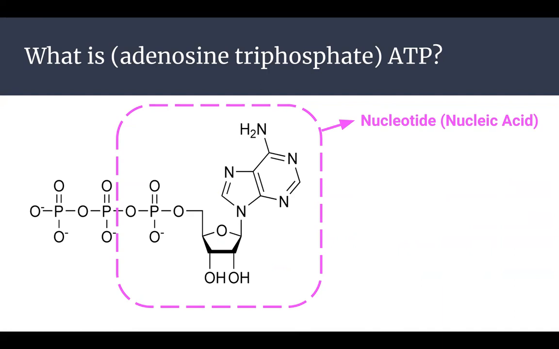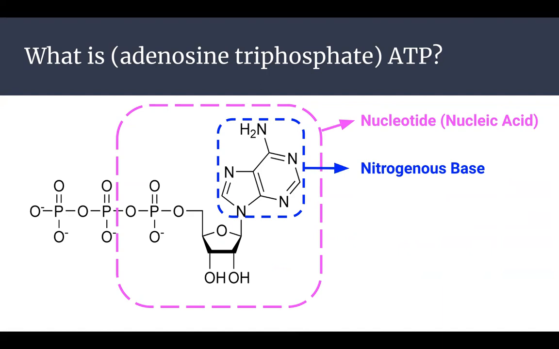Now, inside a nucleotide, there are 3 components. All nucleotides will have these 3. The first one is the nitrogenous base, so it has nitrogen in it. And the second one is a sugar. And this sugar can be either ribose sugar, which is seen in RNA, or deoxyribose sugar, which is seen in DNA.